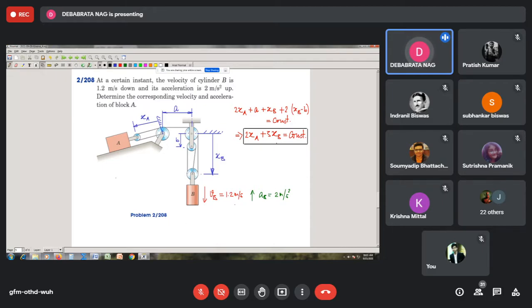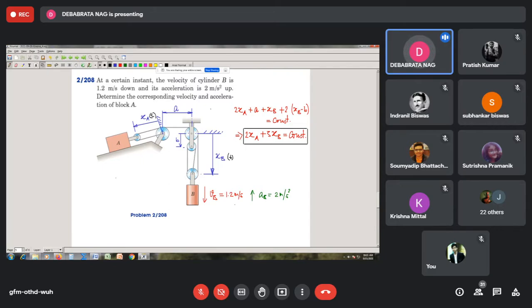We use this relationship because XA and XB are functions of time, because as time changes, the distance between this center and this block will change. Similarly, the distance between the center of this floating pulley, this is a floating pulley, will change, and as a result we find that this will be the case. So these are all functions of time.